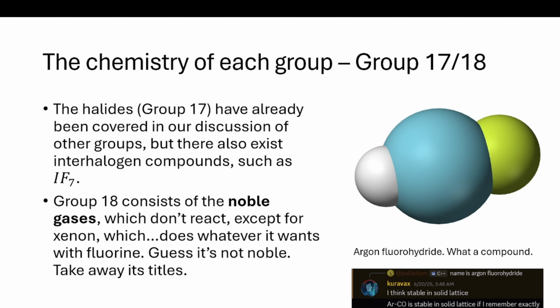So here's pretty much going to be the closing slide. This is going to cover group 17 and 18. We already talked about the halides enough, but just on a quick note, there exist interhalogen compounds with interesting geometries such as IF7, or iodine heptafluoride.